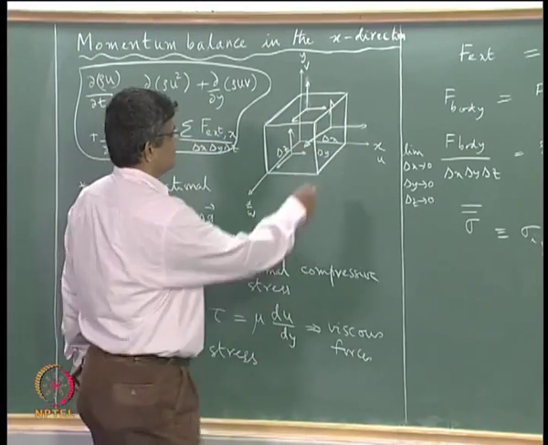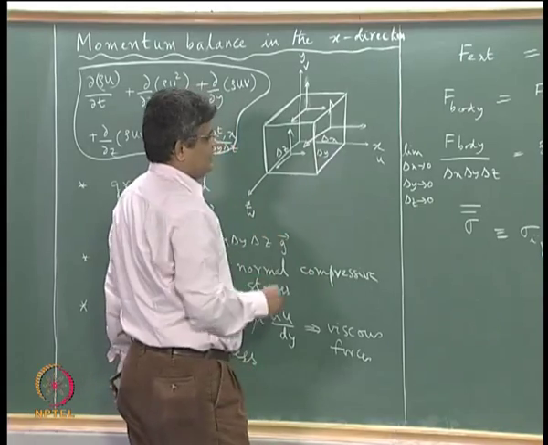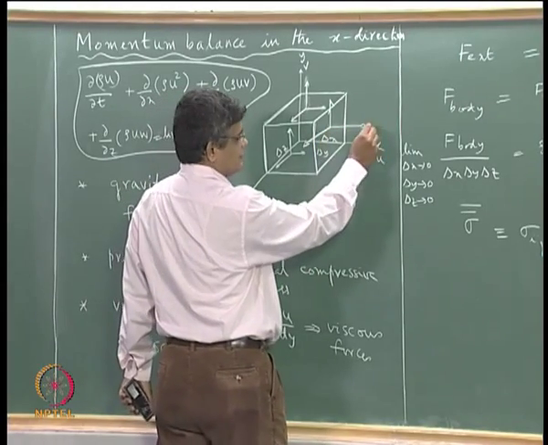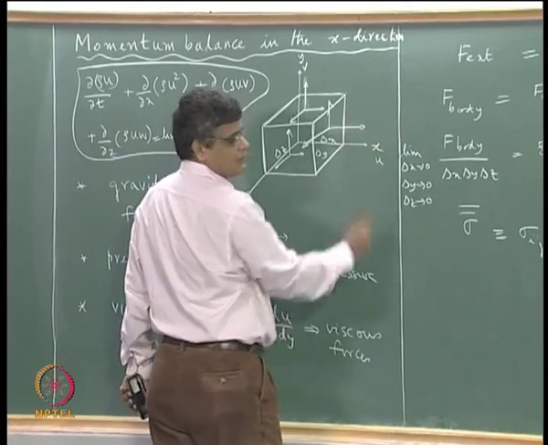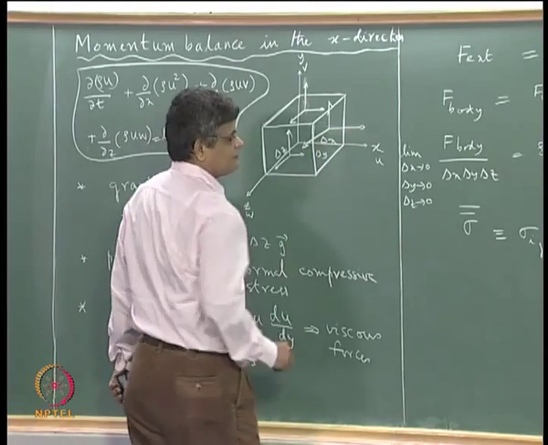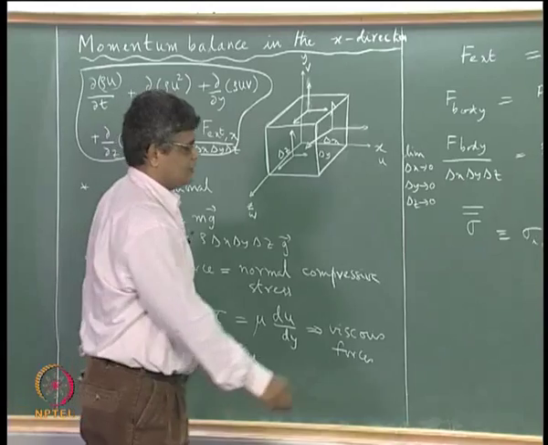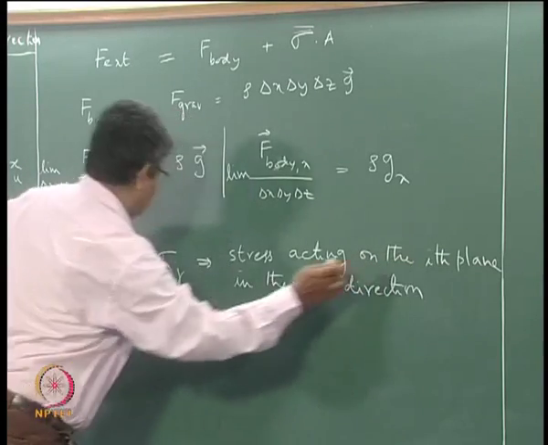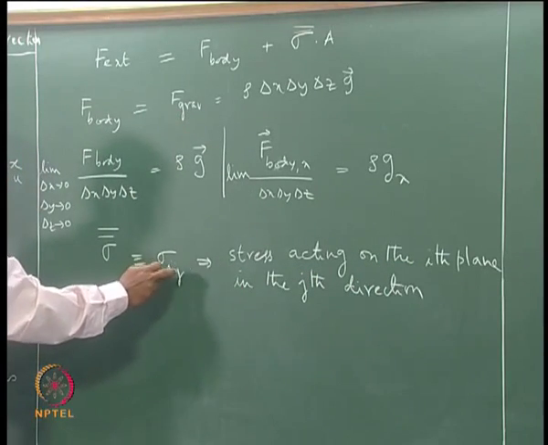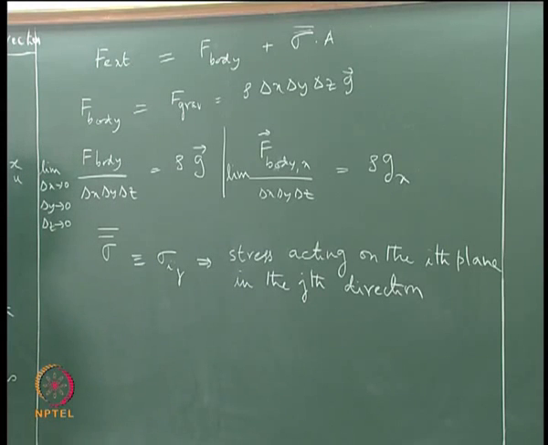When we consider this particular face, it has an outward normal vector which is aligned in the positive x direction. So we call this the x face. The ith face here refers to the direction in which the outward normal vector is aligned.